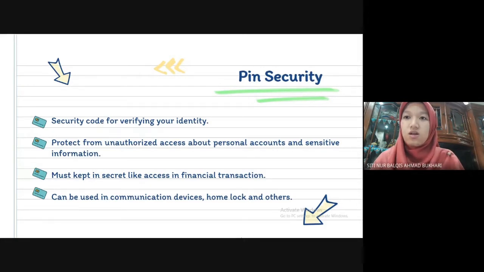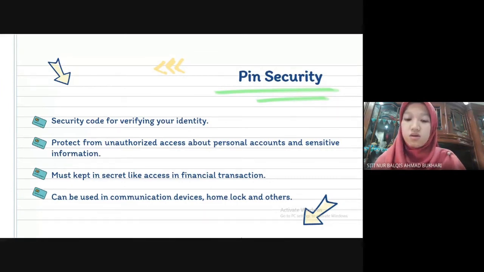And about sensitive information like PIN code, nombor PIN dan IC dan lain. PIN security ni apa segala yang nombor PIN apa semua tu kita kena rahsiakan terutamanya dalam access financial transaction. PIN security can be used in communication device, home lock and others.